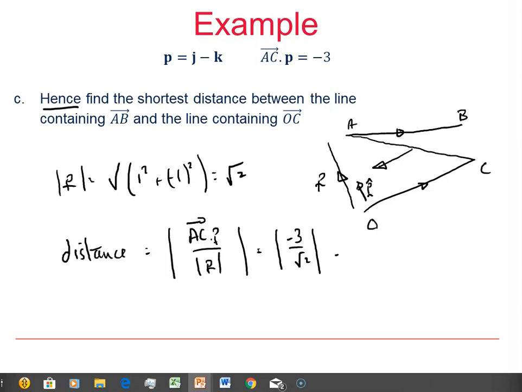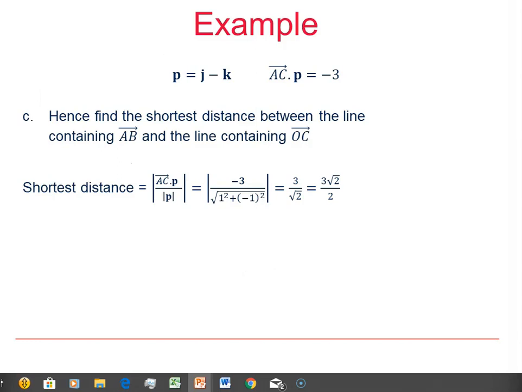In other words, it's 3 over root 2, or 3 root 2 over 2. And there again we have the final answer written out neatly.